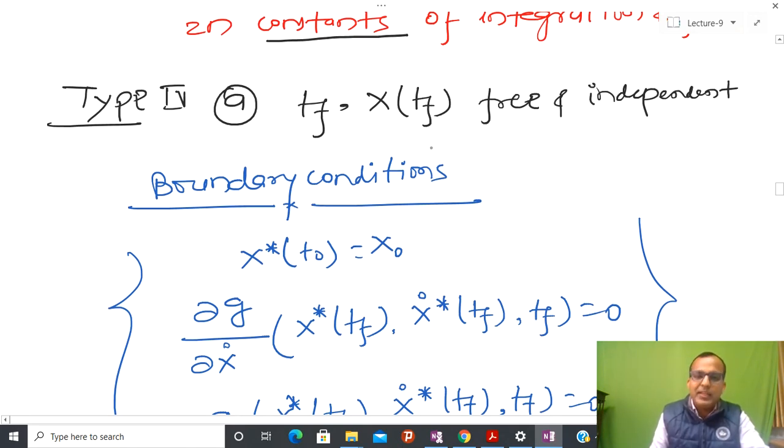Whenever both are free, I cannot put delta TF equal to 0 or delta XF equal to 0. So I have to force the coefficient related to delta TF equal to 0, and at the same time whatever coefficient is associated with delta XF equal to 0.